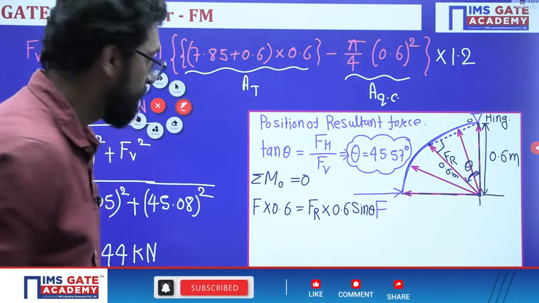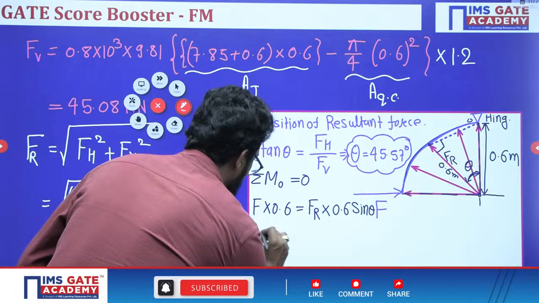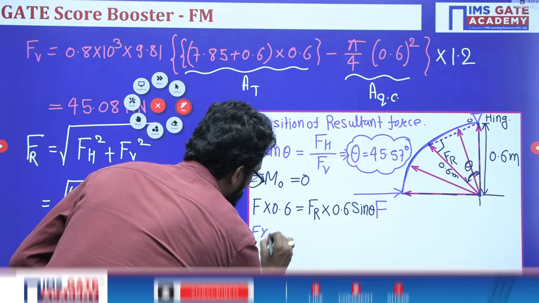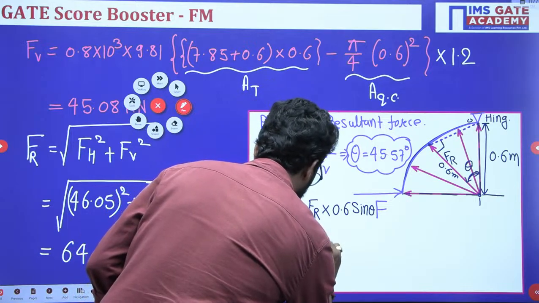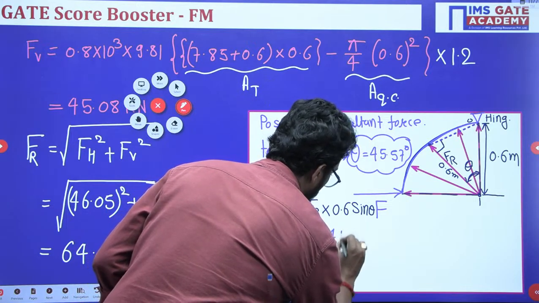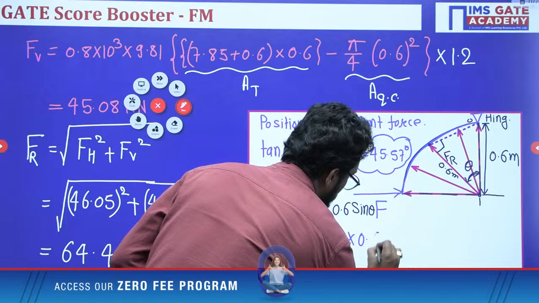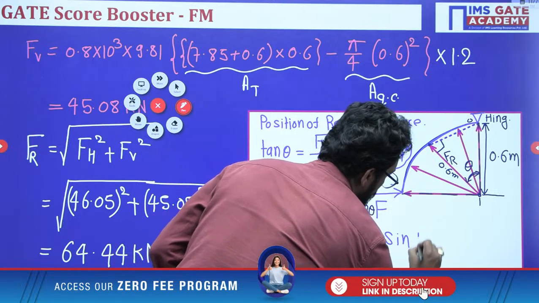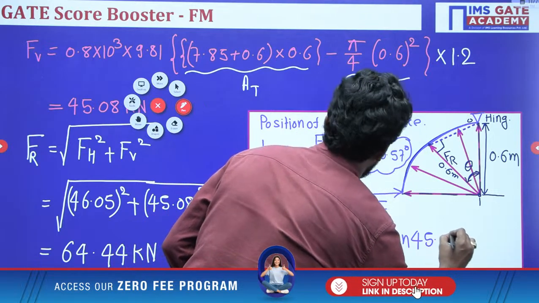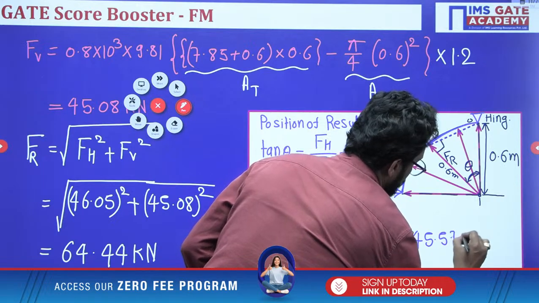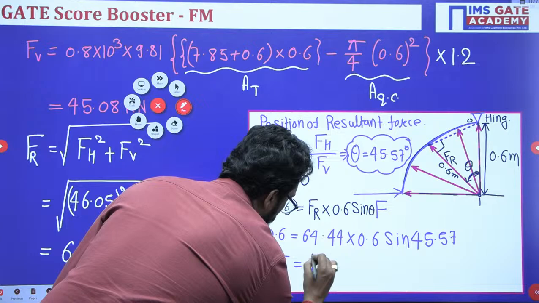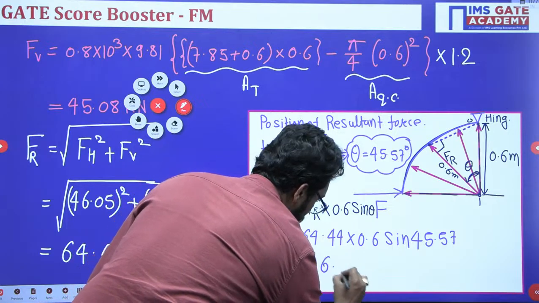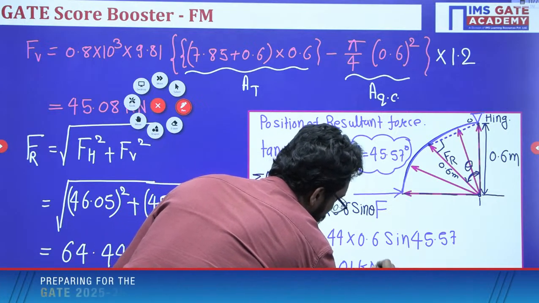Put in all the values: F into 0.6, FR is 64.44, into 0.6 sine of 45.57 degrees. If you calculate this, F is equal to 46.01 kilonewton.